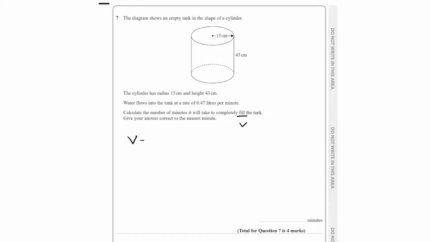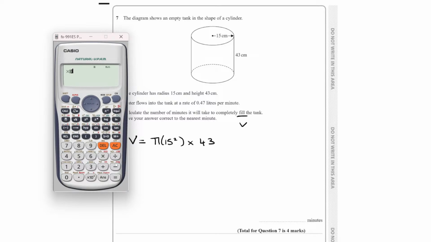The area of a circle is pi r squared, times by height to make the volume. So in this case we've got 15 squared, the radius is 15 and then you square it, multiplied by the height, which is 43, so I'll put that into my calculator.